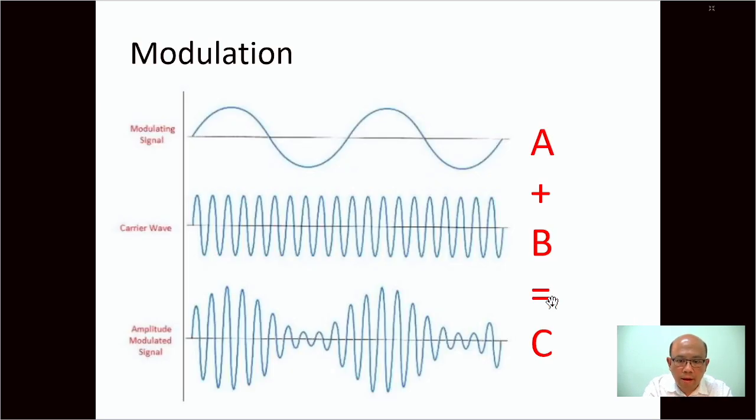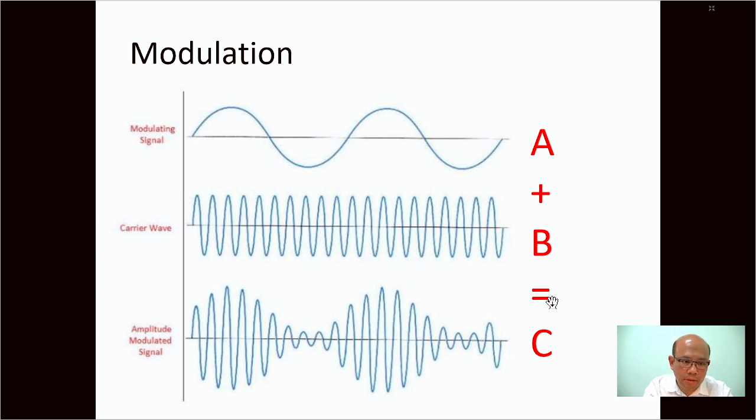Here we have three signal forms in this picture. On the top, this is a signal that represents a signal generated from a human. Suppose my voice represents signal A, and B is a signal generated from the crystal clock or frequency generator.